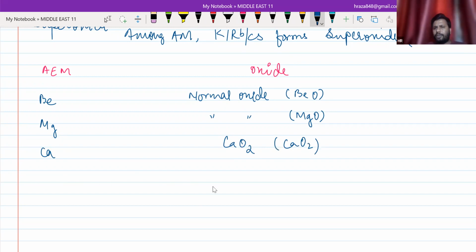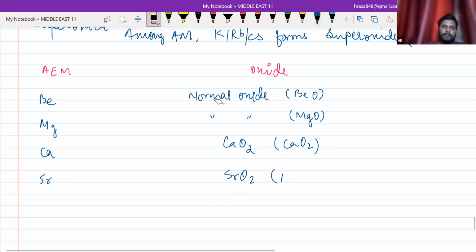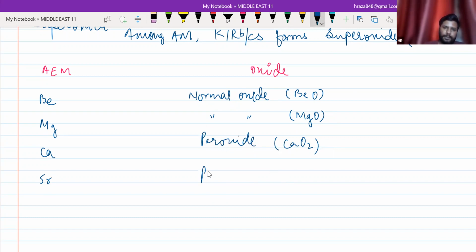In peroxide, oxygen has only one oxidation state, one oxygen will take only one electron. Strontium, that is peroxide. This will also form peroxide.